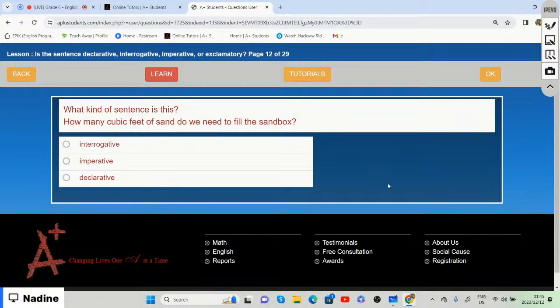It is an interrogative sentence because a question is being asked. They're asking how many cubic feet of sand do we need to fill the sandbox? And that is an interrogative sentence.